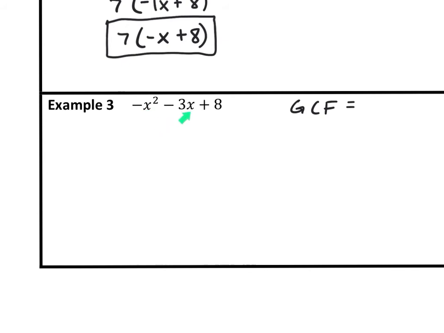You know, the first 2 have an x, but the last one doesn't have an x. So they don't have any variables or letters in common. Do they have any numbers in common? You know, is there a number that you can divide 8 and can also divide 3? No, right?